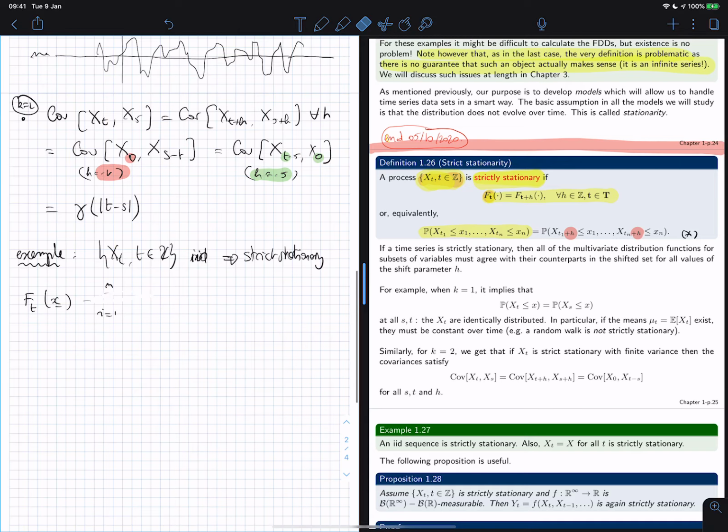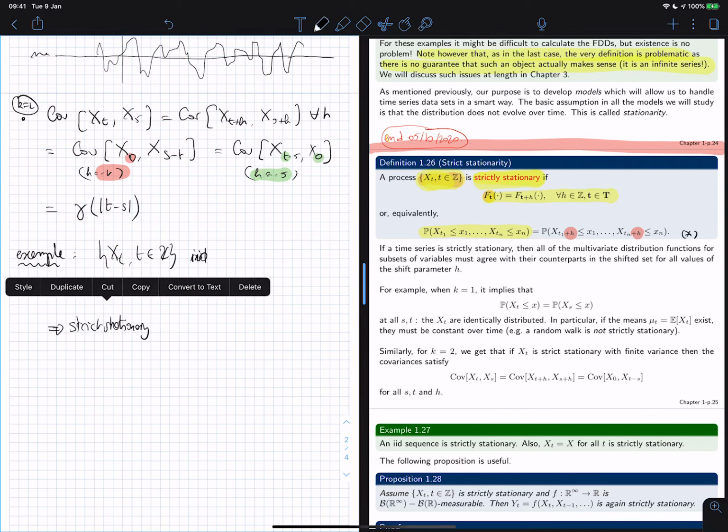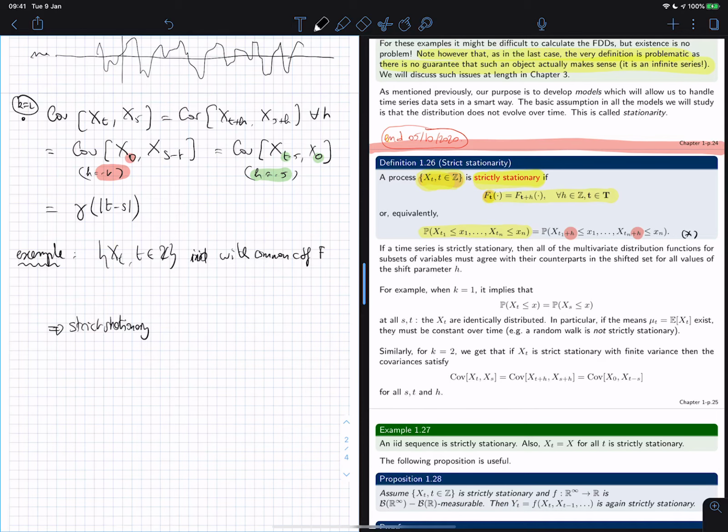Let's say it's IID with common CDF F. Then the probability that Xt1 is less than x1, up to Xtn less than xn, we know that it is equal to simply F(x1) multiplied by F(x2) up to F(xn), which does not depend on t.